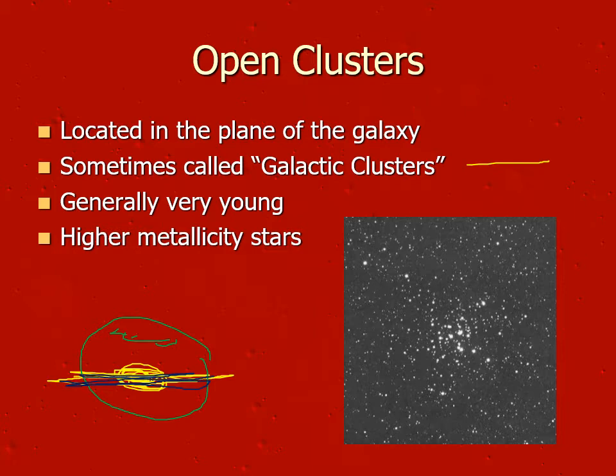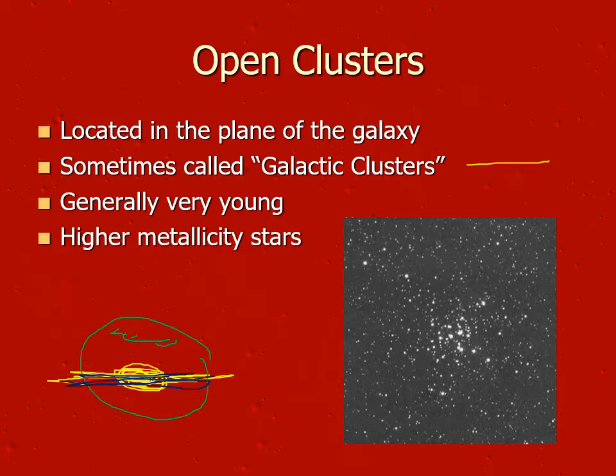And so that means you can see them in the sky where you see the galaxy. Our galaxy seen from the inside is kind of a smear across the sky that we call the Milky Way. And so the open clusters are in the Milky Way for the most part, or close to it. And so therefore they're sometimes called galactic clusters in old textbooks.